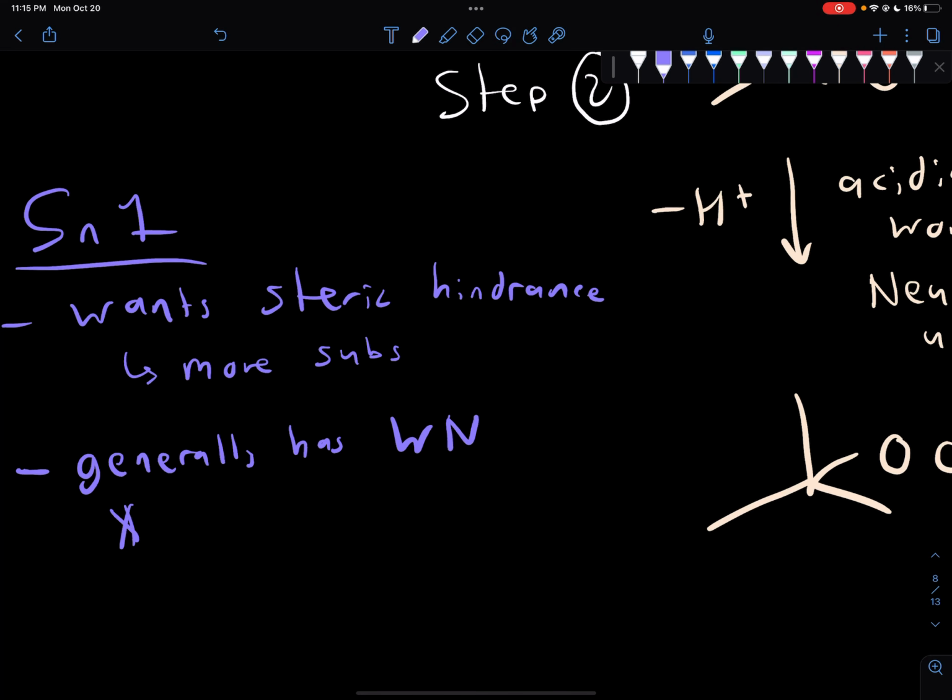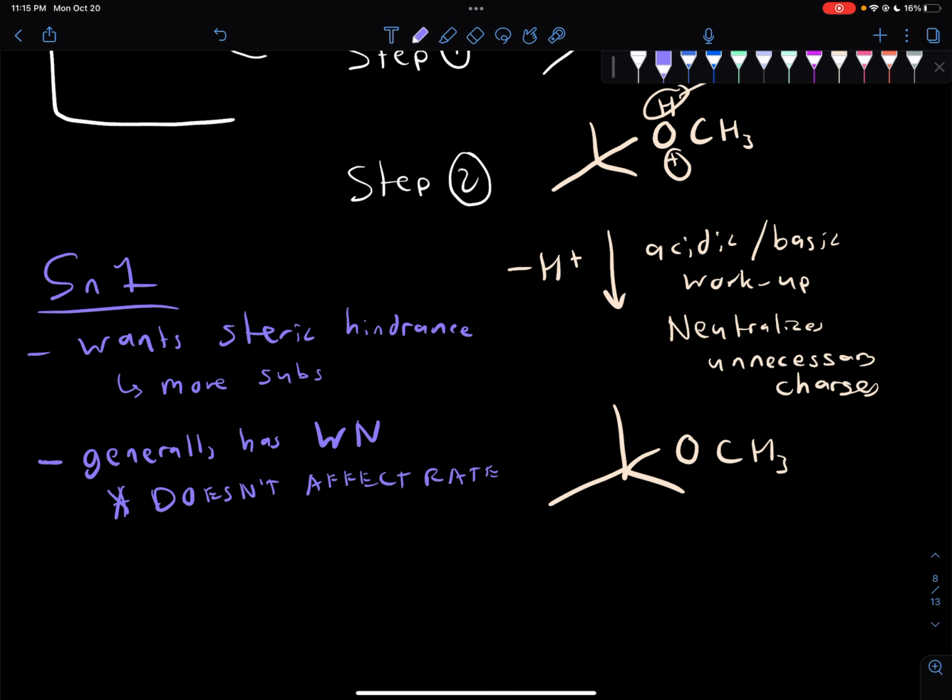But remember, it doesn't affect your rate. It just happens that your weak nucleophiles end up doing SN1 because strong ones generally do the other mechanism, which is SN2. Okay, that's it for SN1. We also have potential to do carbocation rearrangements, which we didn't even talk about yet.